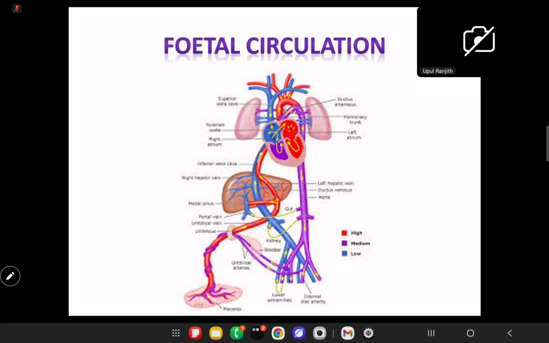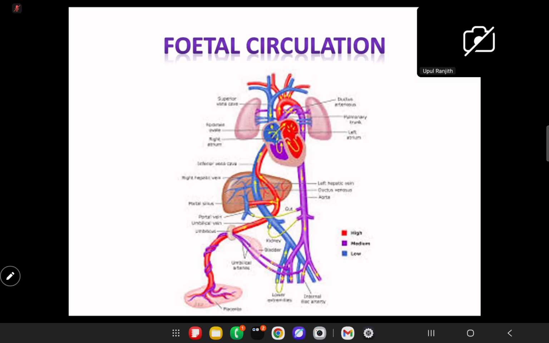Part of that blood will go to the liver, and the major portion will go to the right atrium and be directly diverted through the foramen ovale to the left atrium.